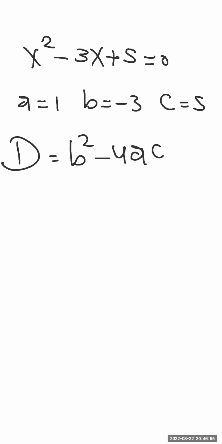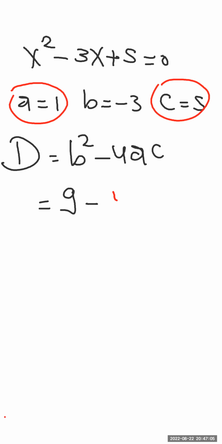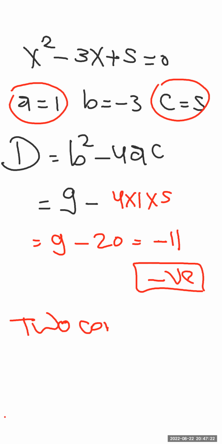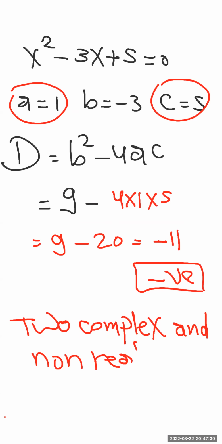So b squared is 9, minus 4 times a times c, 4 times 1 times 5. So this means 9 minus 20, so it will equal -11. Okay, negative quantity. So, of course, two complex and non-real roots. I'm done.